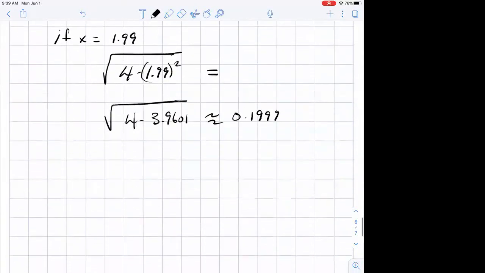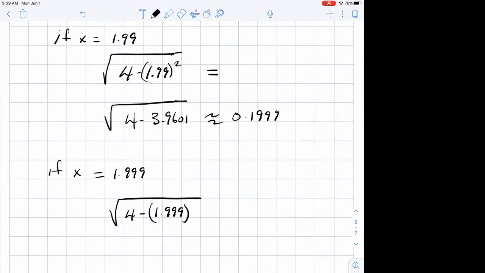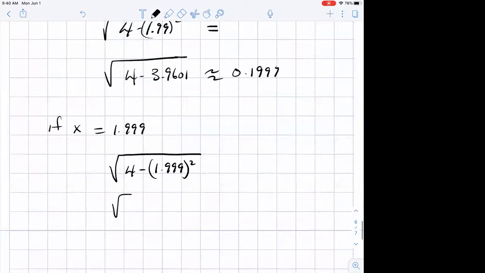What happens if x is equal to 1.999 now? You get the square root of 4 minus 1.999 squared. And 1.999 squared is approximately 3.996. 4 minus that answer is 0.004.